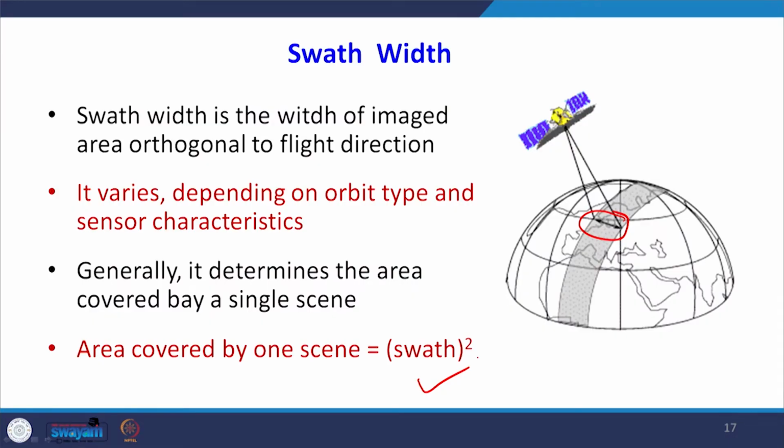So, we are taking that dimension as the standard dimension to segment the whole area into a number of scenes. This swath width will also vary, it is not a constant quantity for all the satellites and all the sensors. It will vary with the orbit type, and also the characteristics of the sensors which we are using to capture the data.